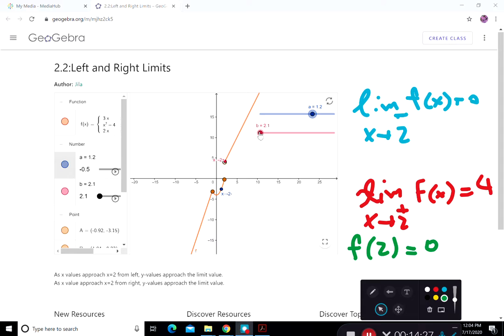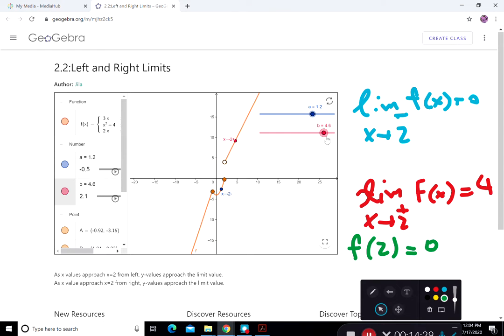So the right limit, though, again, the point is traveling on the graph of the function as x is decreasing, and it arrives at this empty spot.